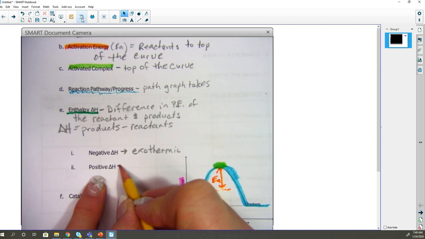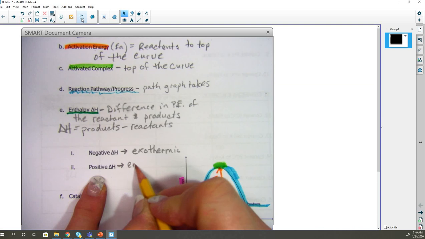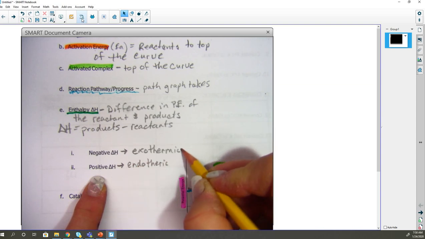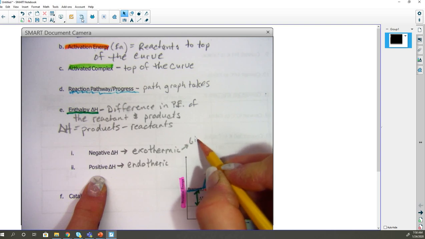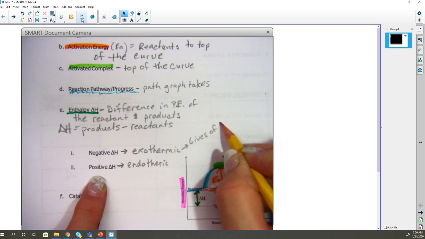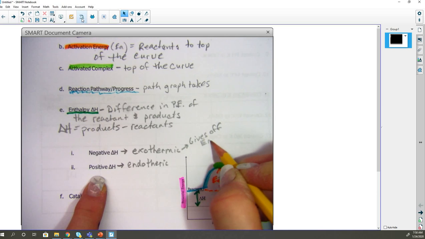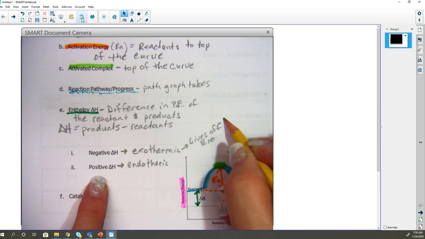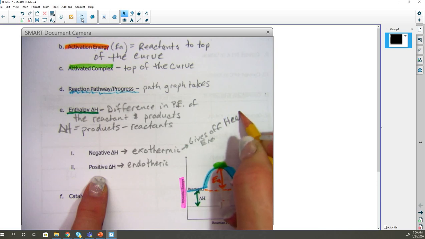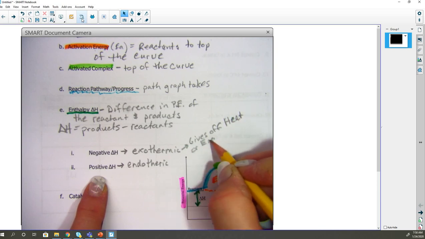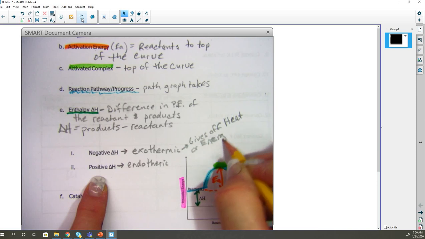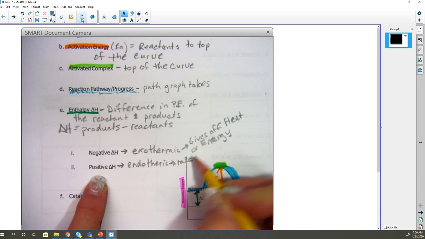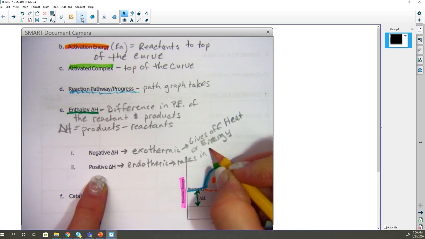If I have a positive delta H, that means I have an endothermic reaction. Exothermic gives off heat or energy, and endothermic takes in heat or energy.